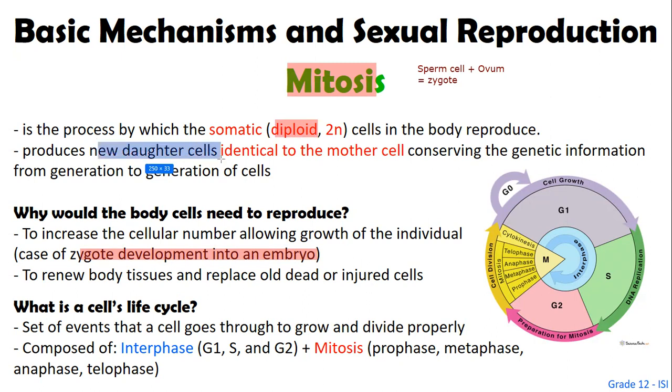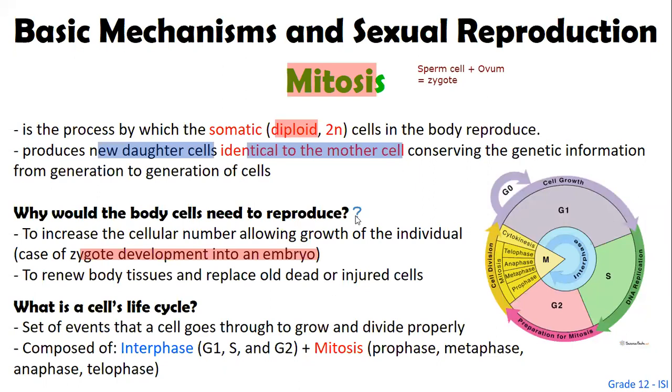So the daughter cells produced will be identical to each other and also identical to the mother cell. So we start mitosis with a cell that has 2N chromosomes, and we end mitosis with also a diploid cell having 2N chromosomes. Now, why do we need mitosis?